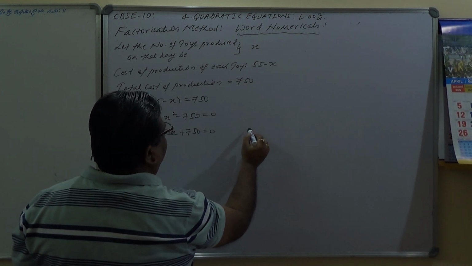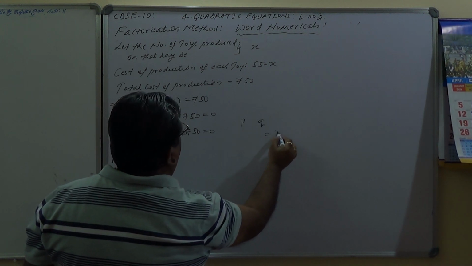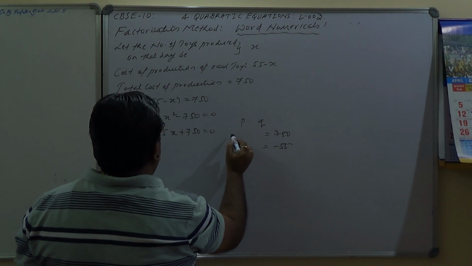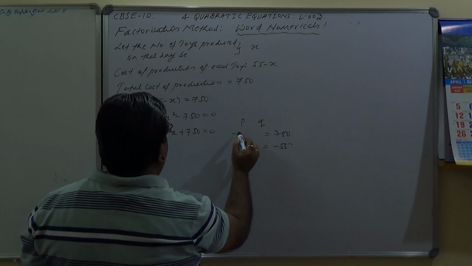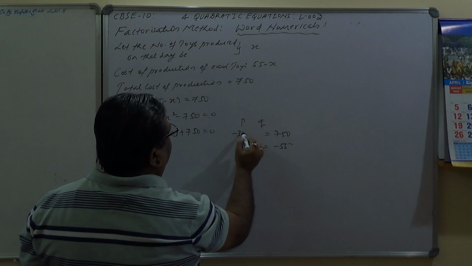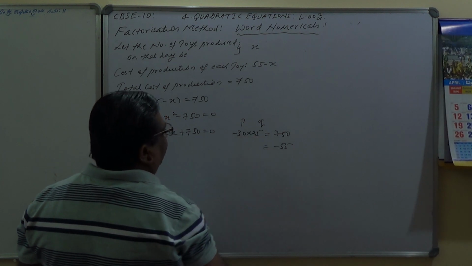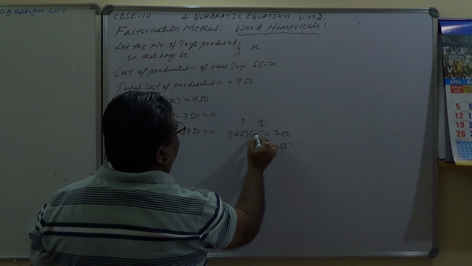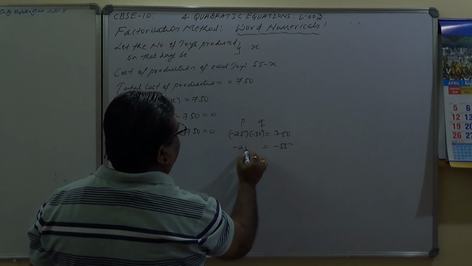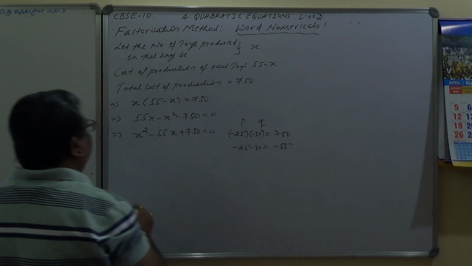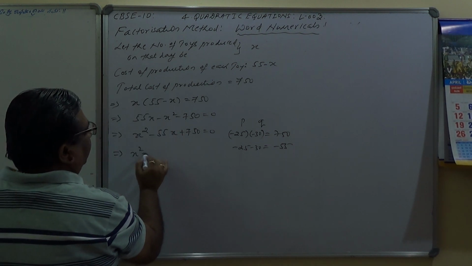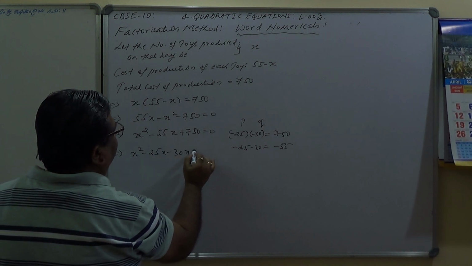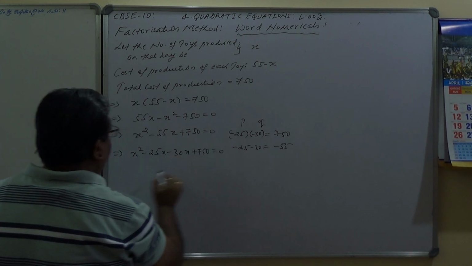What I require is P and Q whose product is 750 and whose sum is minus 55. So this will be minus 30 and minus 25, correct? Implies X square minus 25X minus 30X plus 750 equals 0.